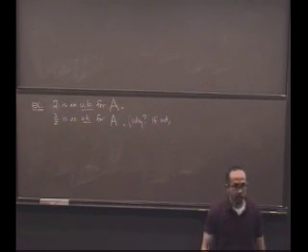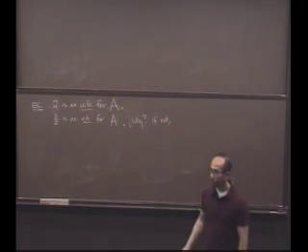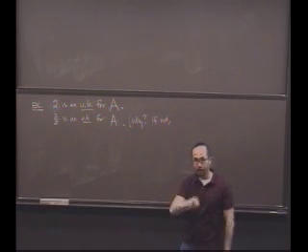Because if it's not an upper bound, that means there's going to be an x in A that's greater than 3/2. And since 3/2 squared is greater than 2, then x squared would be greater than 2. Okay, good.